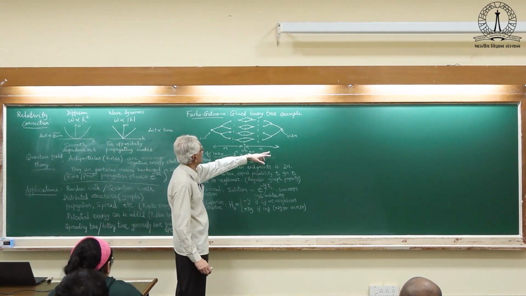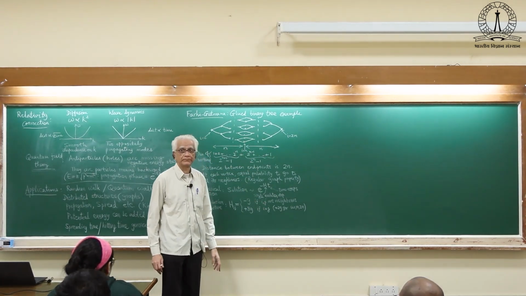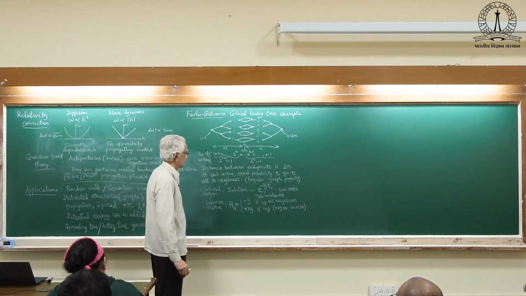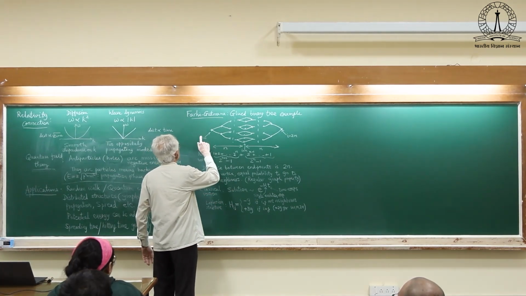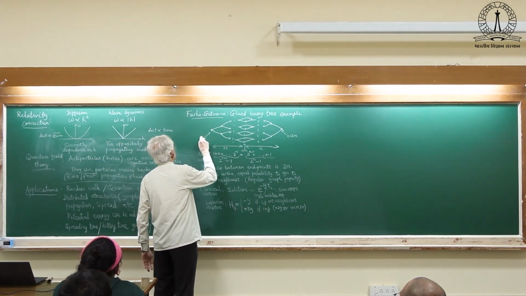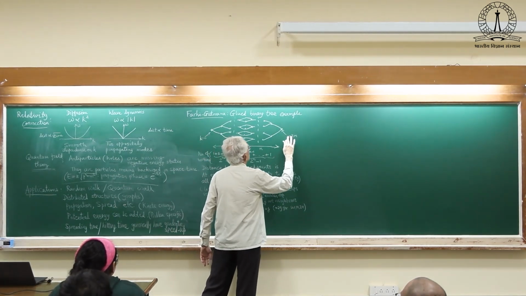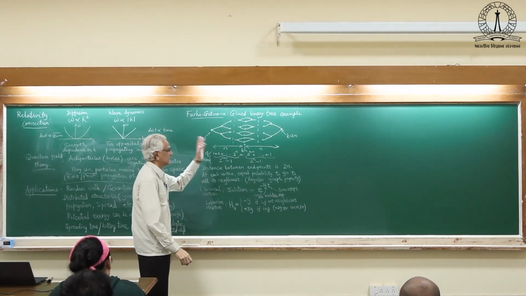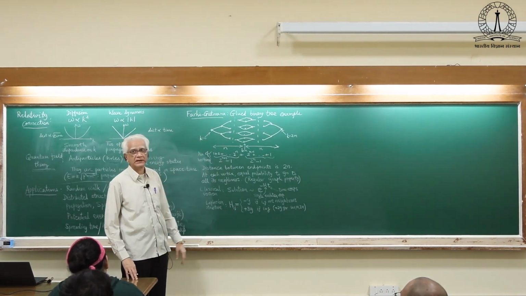J is another index for the vertex. Not to confuse, let me put another index over here. Okay, this is graph slice label, which is just a generic thing.